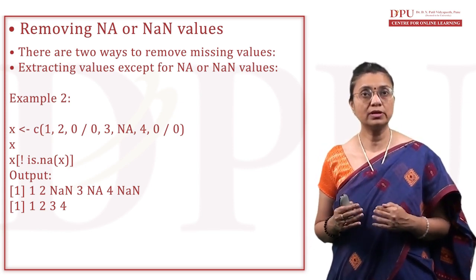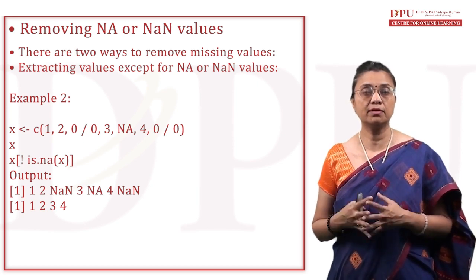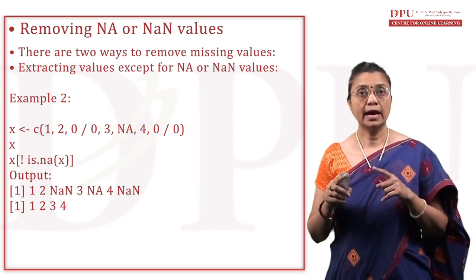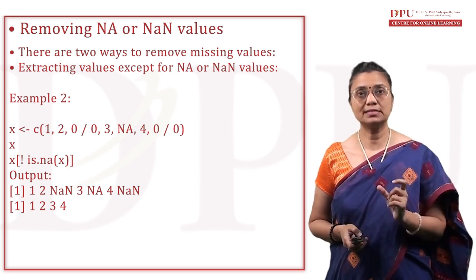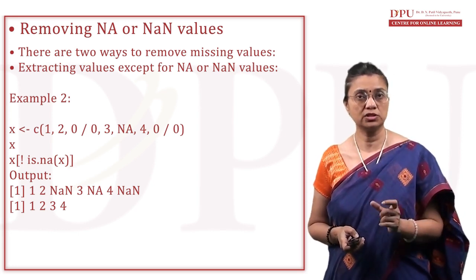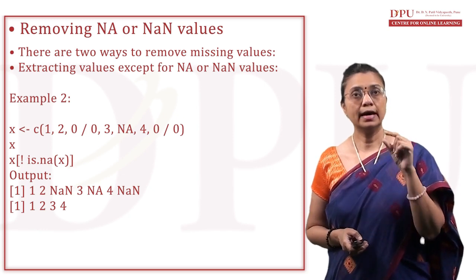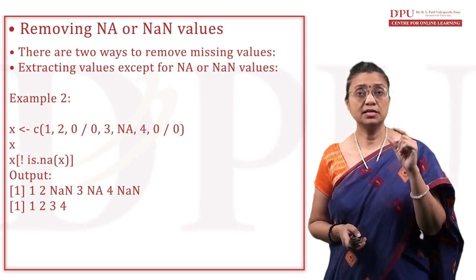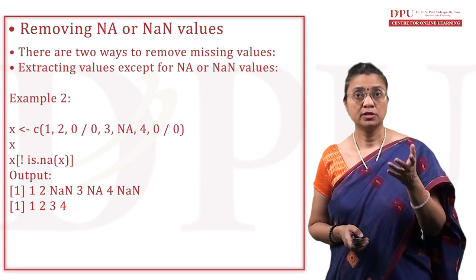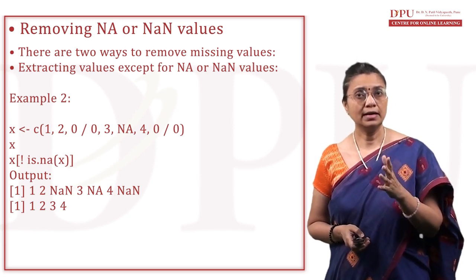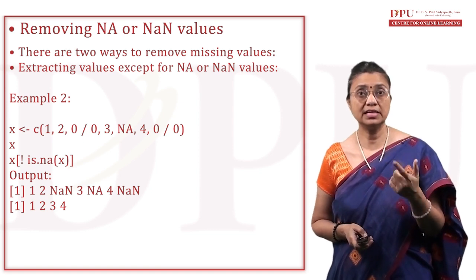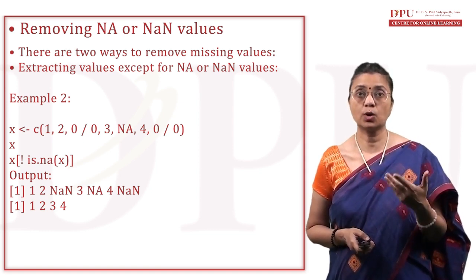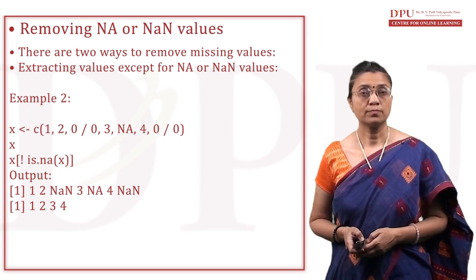Here I have directly applied the is.na function and passed X as a parameter. You can see how nicely I have applied it as a filter condition, and is.na is returning true for 0/0, NA, and 0/0. When I apply the filter by negating it, I get the reverse, which is 1, 2, 3, and 4.